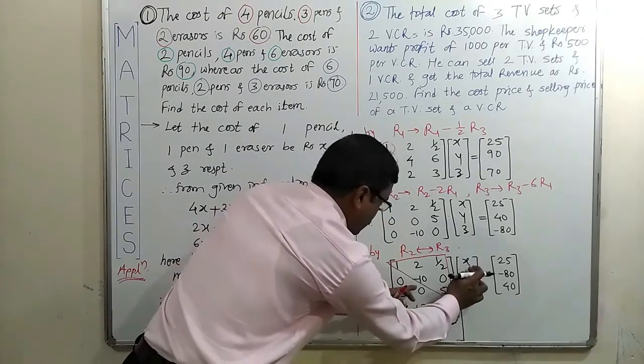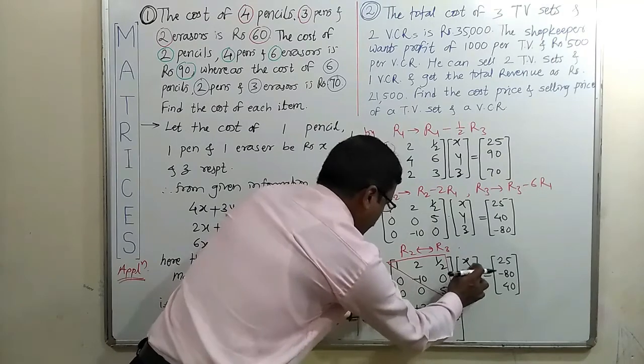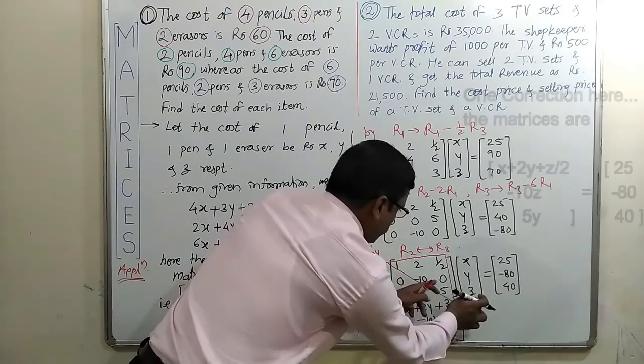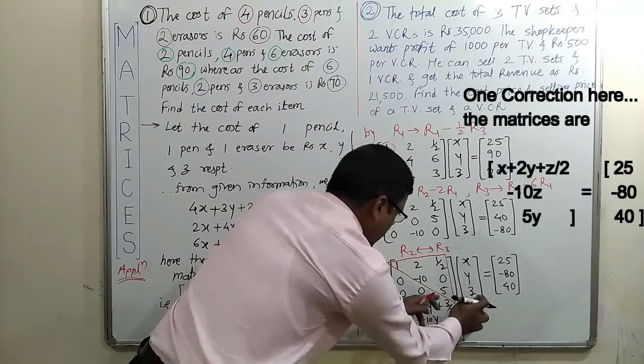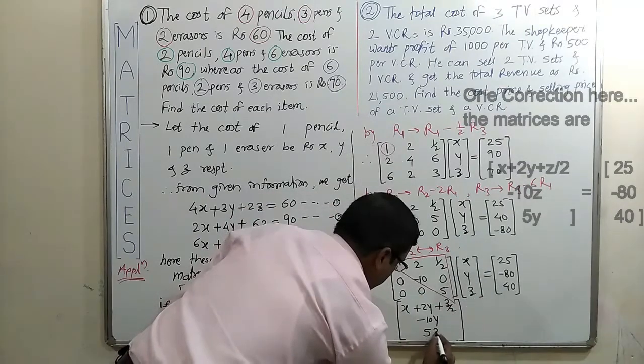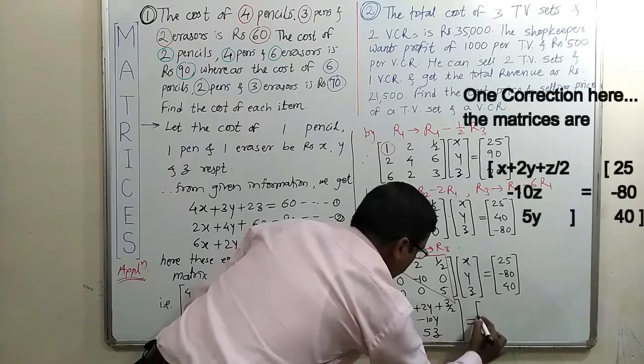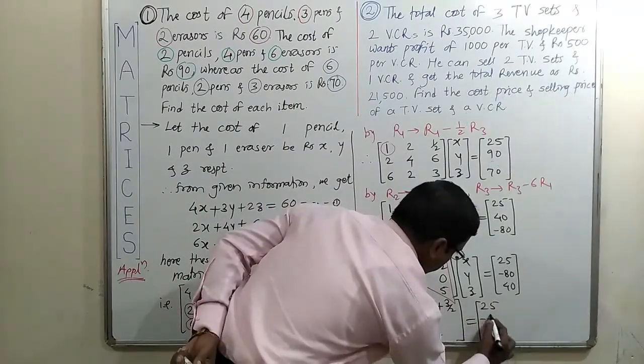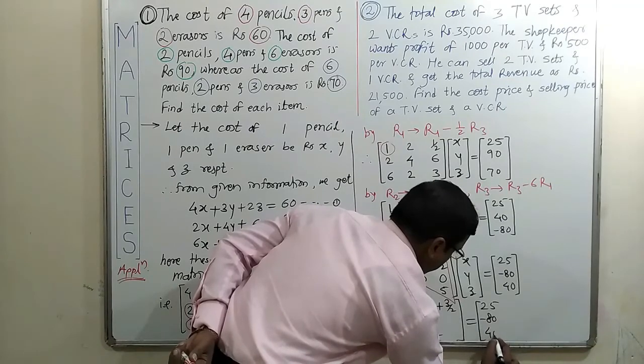Here multiplication gives us minus 10y only, then 0, 0 and 5z, that is equal to 25, minus 80 and 40.